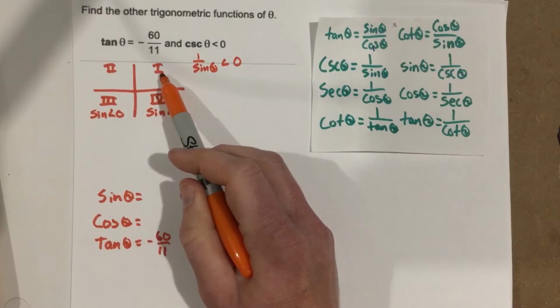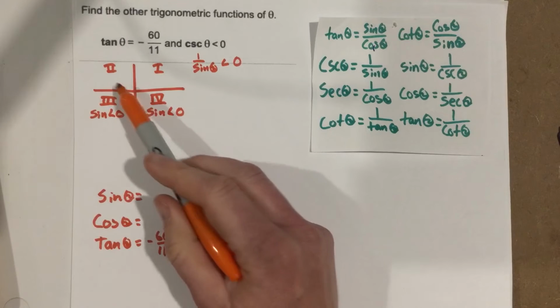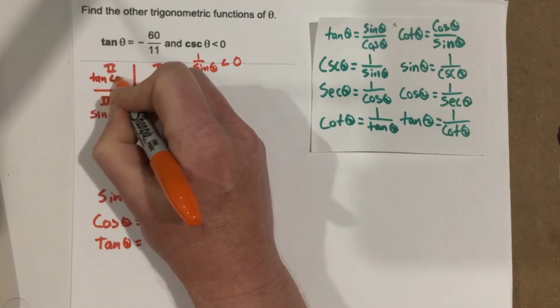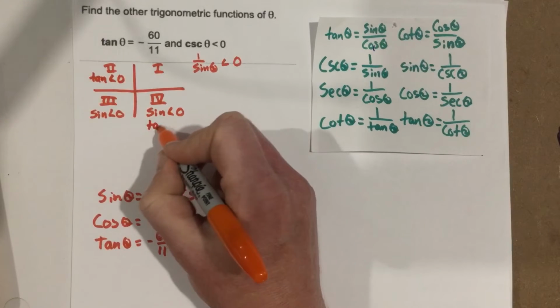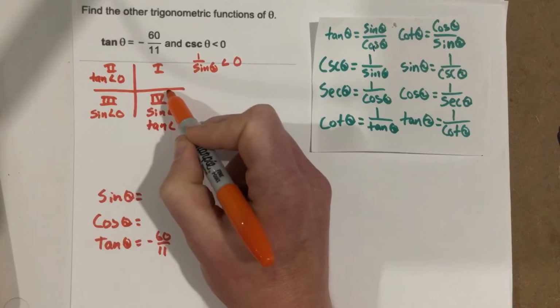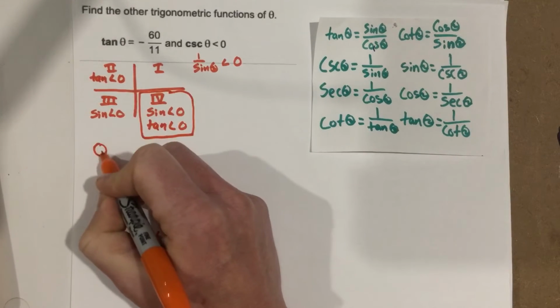So tan is positive in 1 and 3. It's negative in 2 and 4. So I can say that tan is less than 0 in 2 and in 4. So which quadrant are we in? Well, we're in the one where they intersect. We're in quadrant 4.